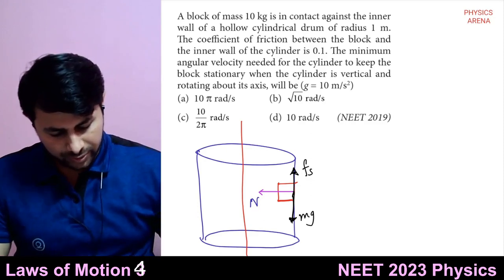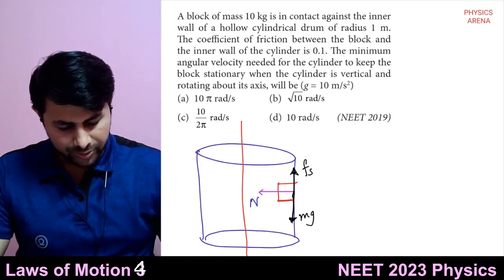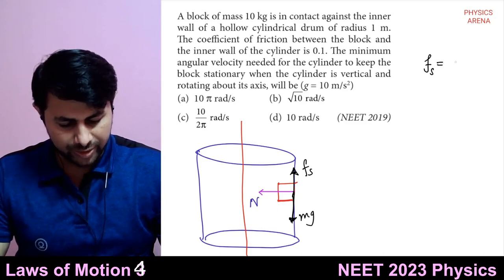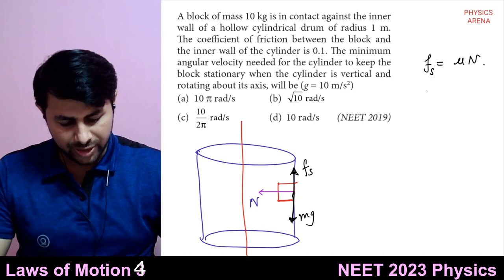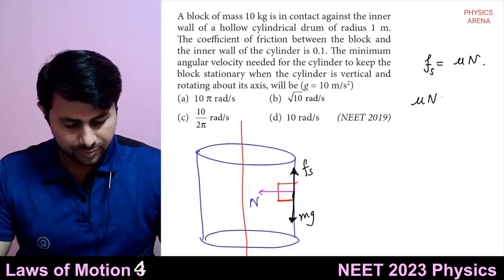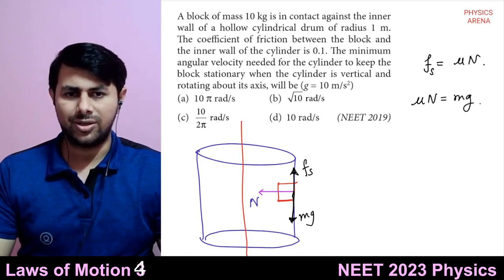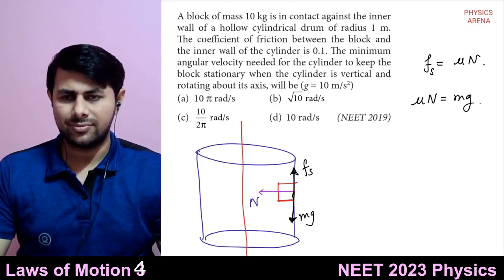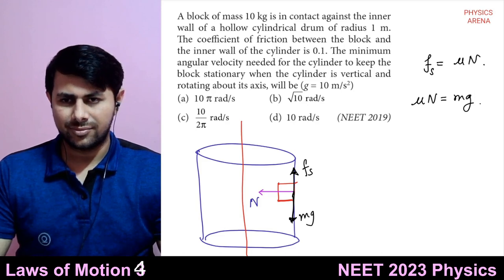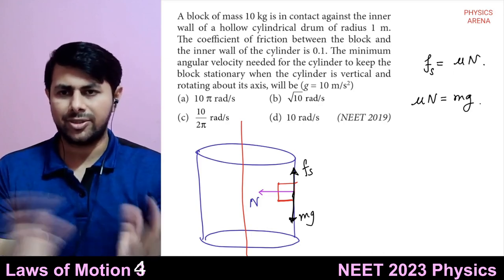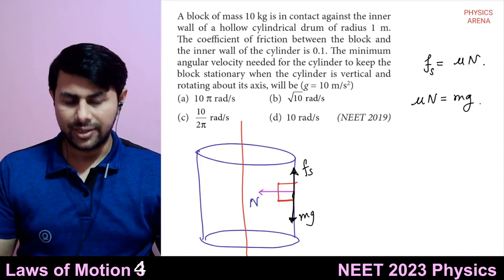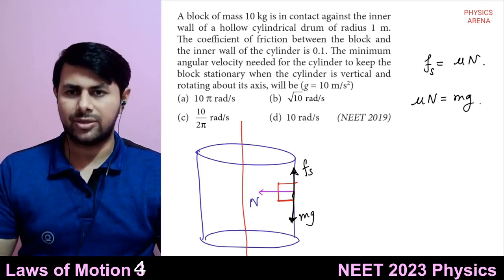This frictional force is equal to mu multiplied by the normal reaction, and since it doesn't fall, the frictional force must be equal to what? The gravitational force. Therefore it doesn't fall. Now with what speed must it rotate, such that the frictional force is equal to the gravitational force?